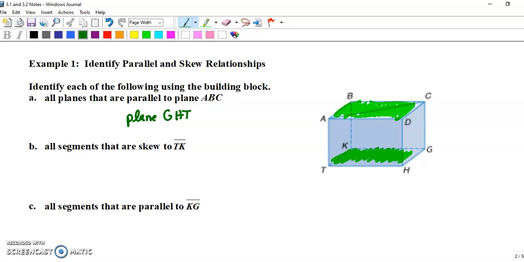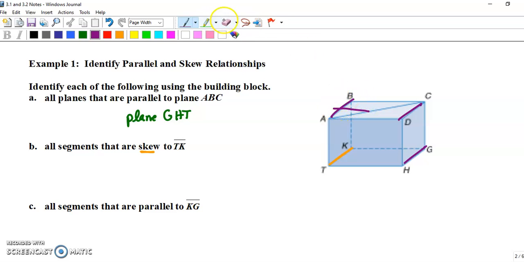Now, if I want all segments that are skew, remember, skew means they don't intersect, but they're not parallel. Skew to segment TK. Each of these is parallel: AD, BC, or GH.